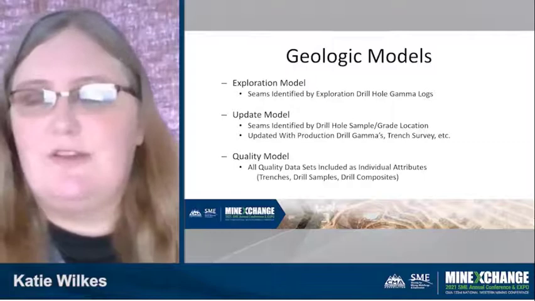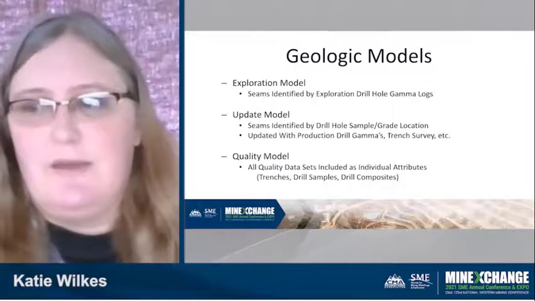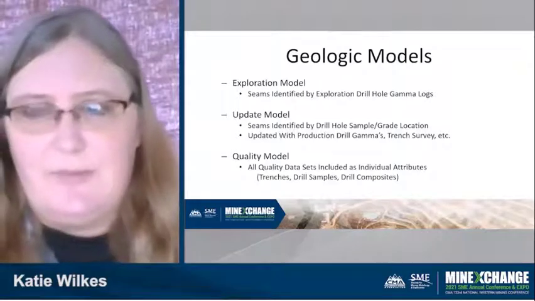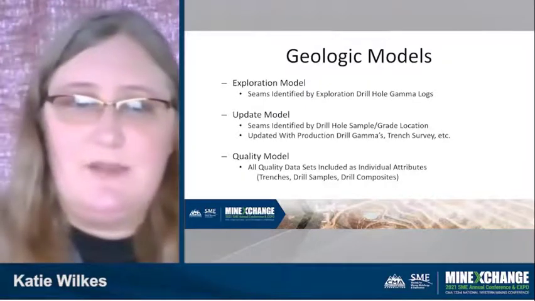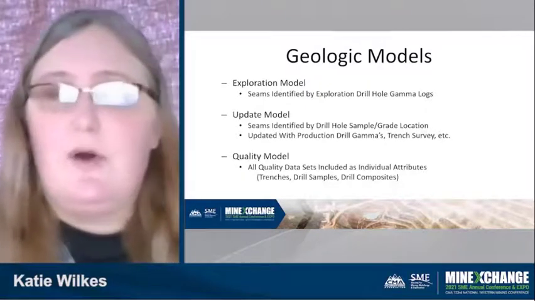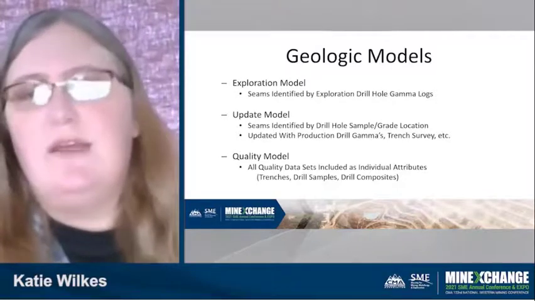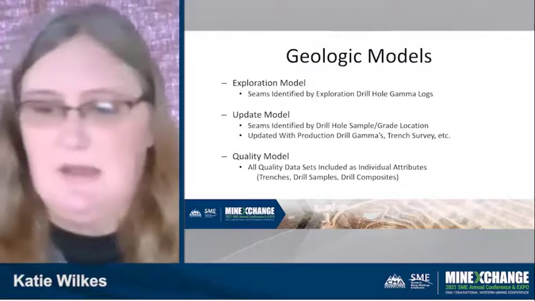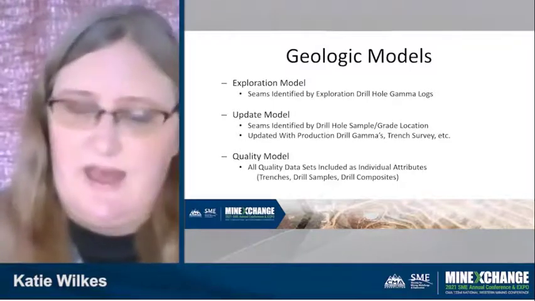We use trench sampling as our ore quality method, so we'll try and take all the data that we get from that during mining and put that into the update model, and likewise with the quality model, which is kind of its own entity, throw in anything we can get our hands on and move forward with that as we go.